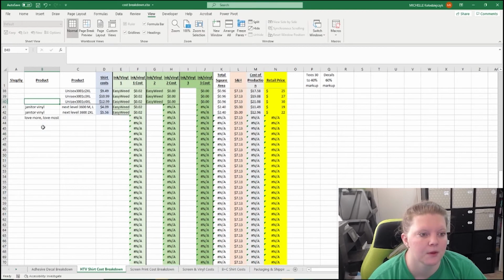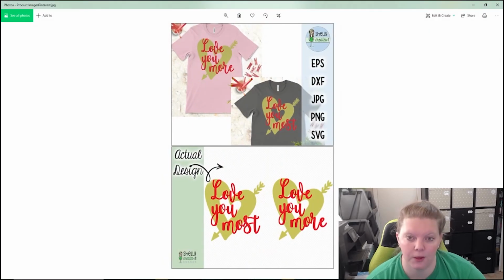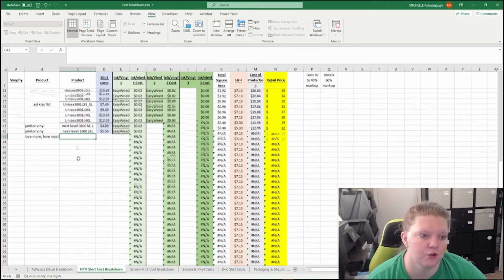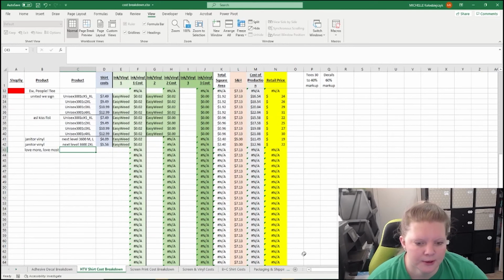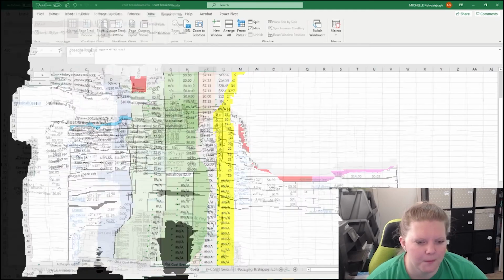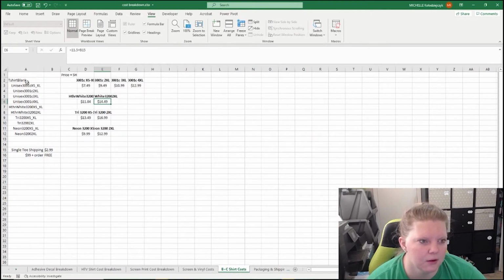Okay, so Love You More, Love You Most. The product we're going to be using is, on the picture is a t-shirt, but in real life it was two raglan tees. One was adult, one was youth. So I'm going to make sure that I include that in here. And I think it's Bella Canvas, the raglan, 3200, I believe.